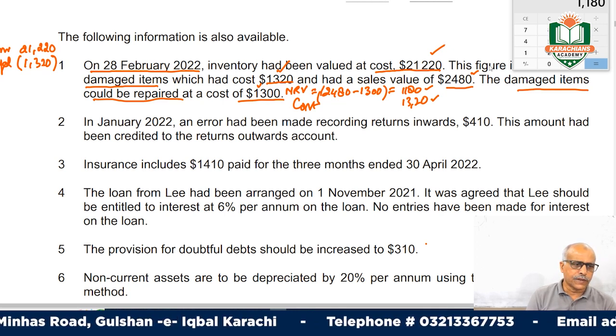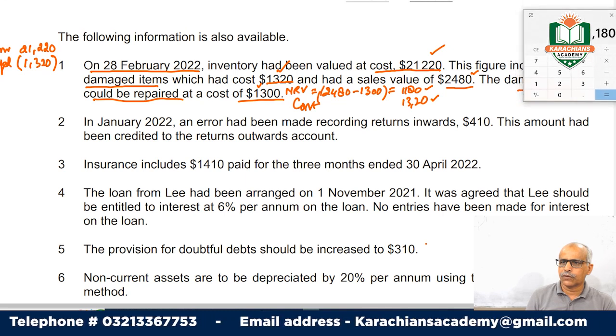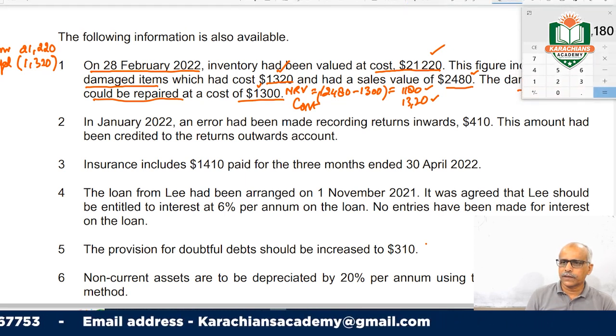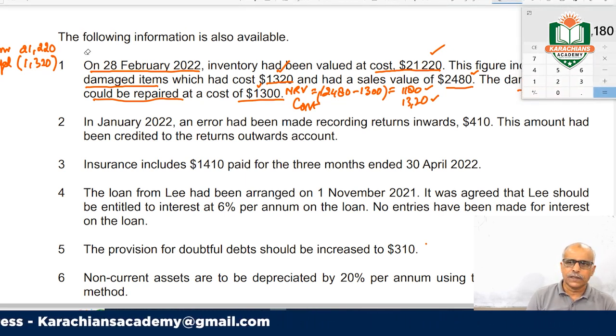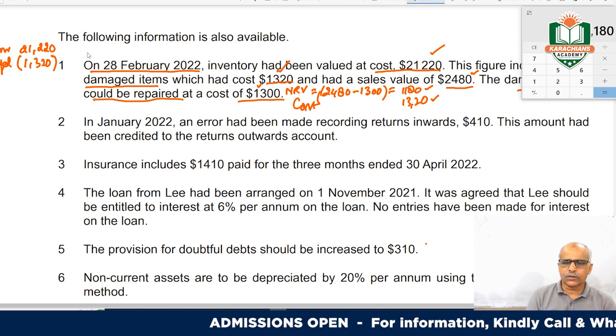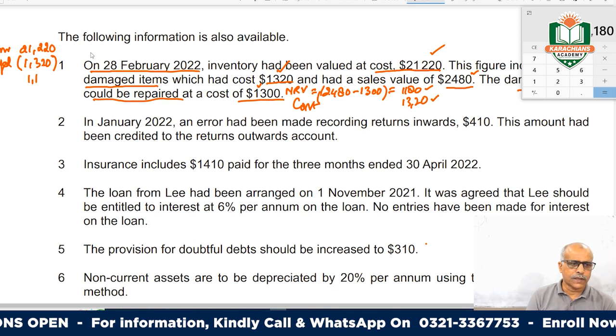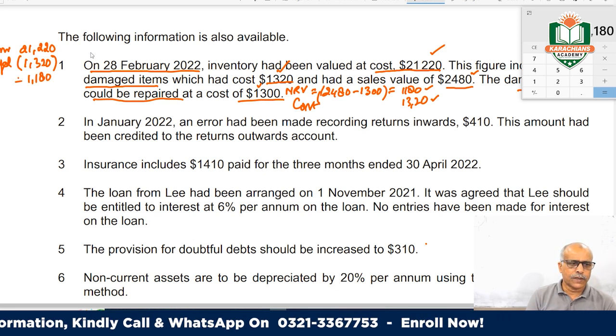This is the NRV of this damaged stock. It's cost or market, whichever is lower, so cost or NRV, whichever is lower. So NRV is lower, at 1180.